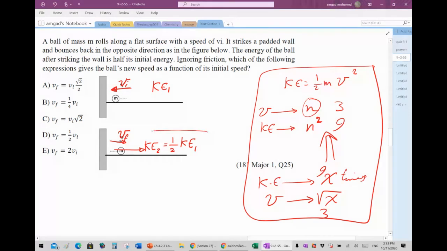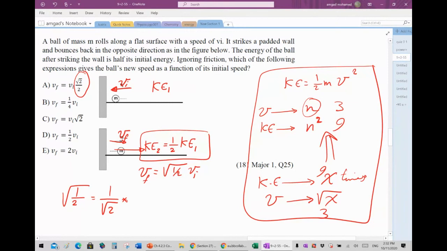The kinetic energy becomes 1/2, so the speed will be the root of 1/2 of the initial speed. What's root of 1/2? Actually, it's root 2 over 2. Root of 1/2 equals 1 over root 2.